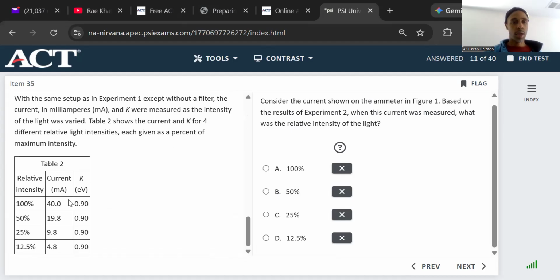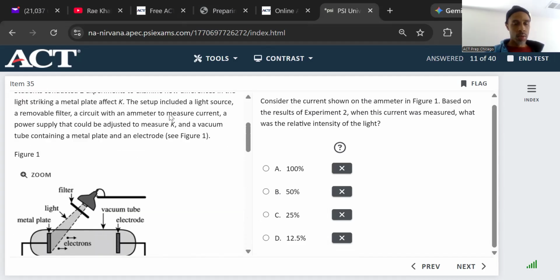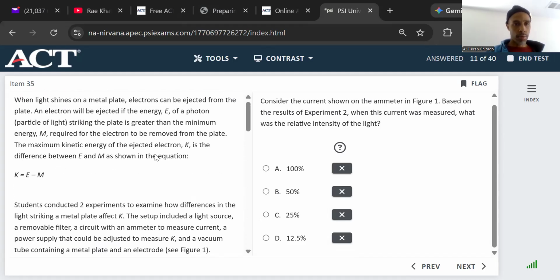When this current was measured, what was the relative intensity of light? Is K the relative? Table 2 shows the current and K, what's K? And K were measured as the intensity of light was varied. We've got to look at what K is. K is the difference between E and M.